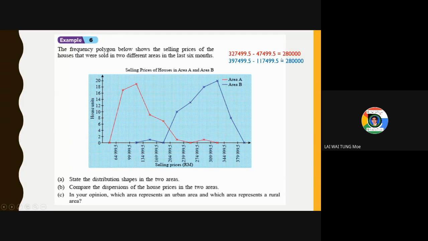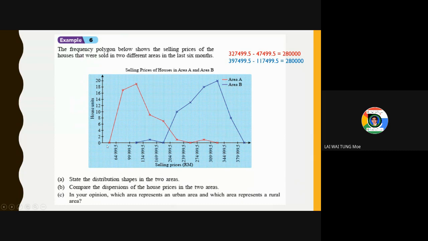I already did it here. For red color, the highest price should be this one, 327,499.5. This is the first one, and then minus this one, 47,499.